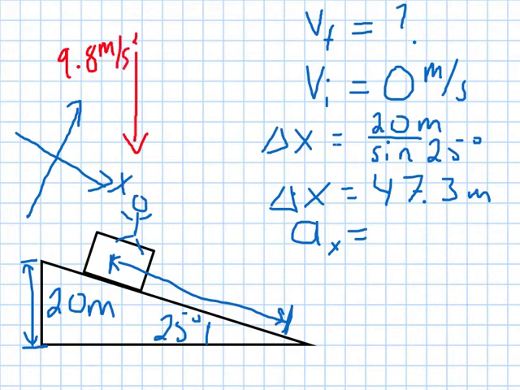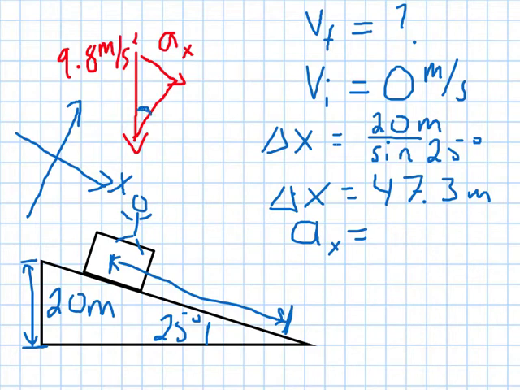But I need to find the component that matches my coordinate system. So I need this a sub x, which is this component of the triangle. To do that, I'm going to use what I know about the angles.